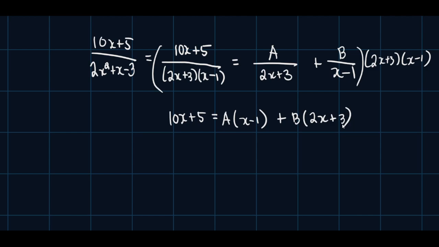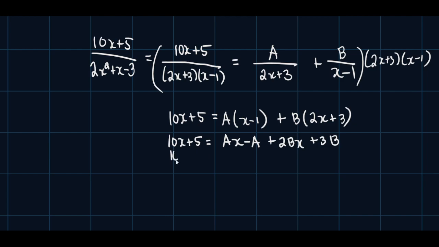Okay, let's solve using systems and using strategic substitution. Using systems, this will give us 10x + 5 equal to Ax − A + 2Bx + 3B.